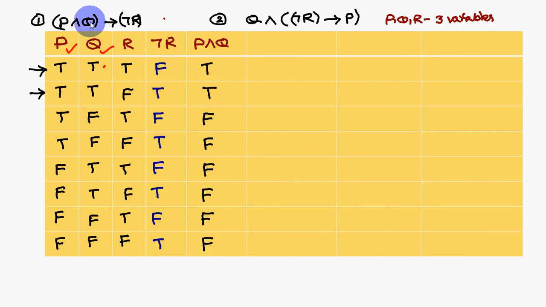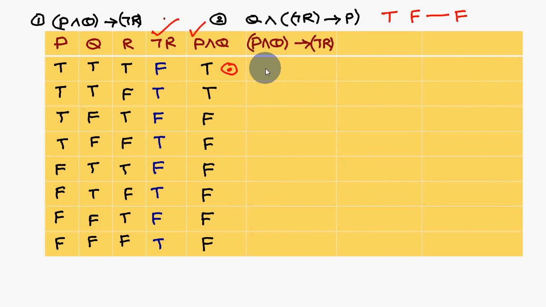Now P and Q conditional not R. Is there any TF? No. Therefore the first one only is false, remaining all cases are true.